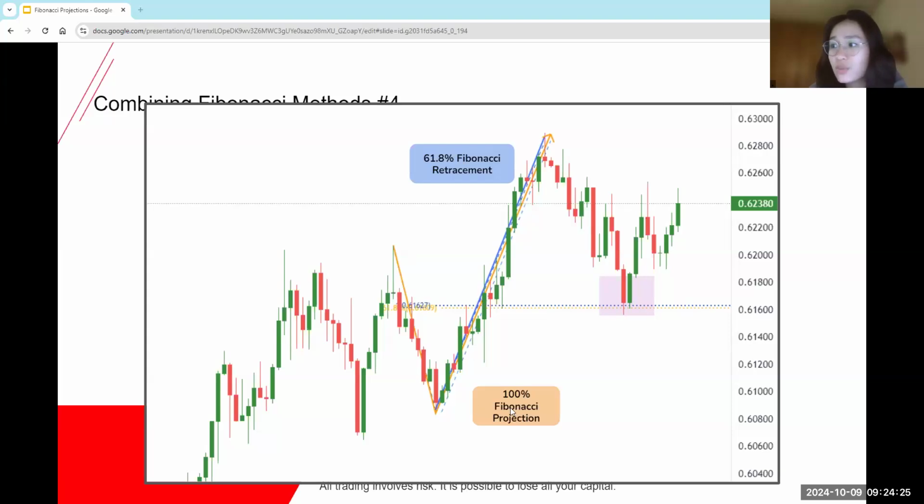That lines up with our projection, and you can see the projection again where I've drawn out the orange arrows. This is our starting point, our middle point, and our ending point. I think you guys can pretty much see the lightning bolt shape here quite clearly. And then price bounces off this confluence area.